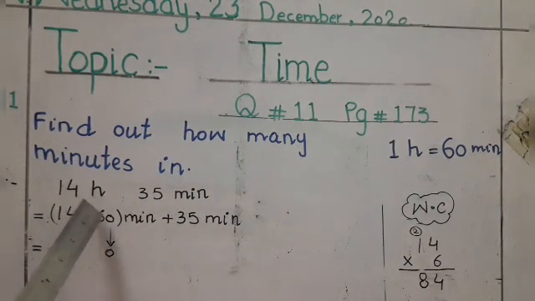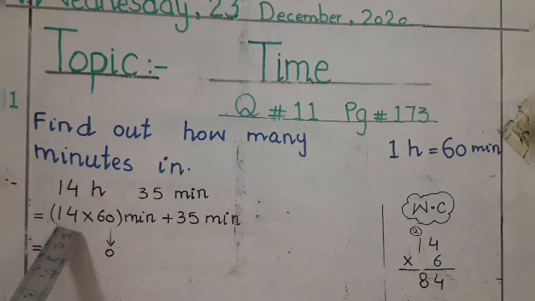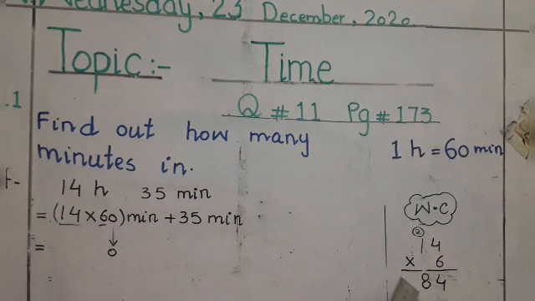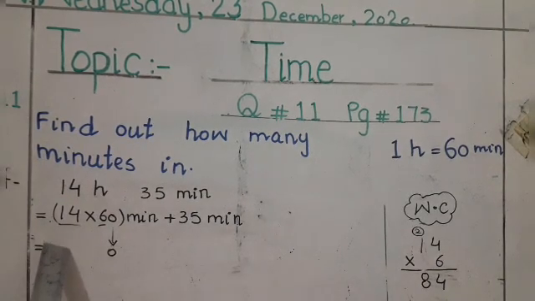As you can see here, you can move the 0 to the answer as it is, and now there are only two numbers. 14 multiplies 6, so I multiply both of these numbers here, 84. So I will write 84 here, so it will become 840 minutes.